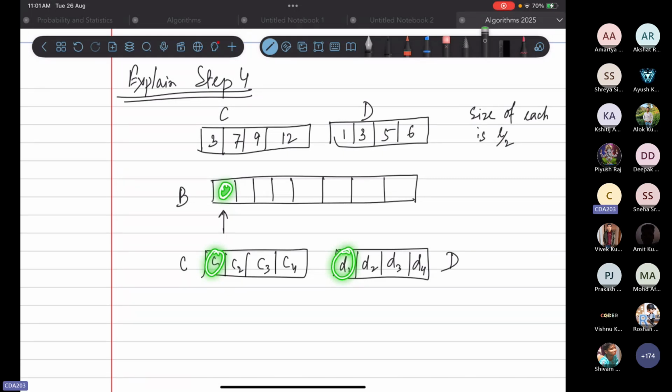Why? Because all the other Cis are larger than C1 and all the other Dis are larger than D1. So the smallest of all of them will be the smaller of these two, and that I'll put here.